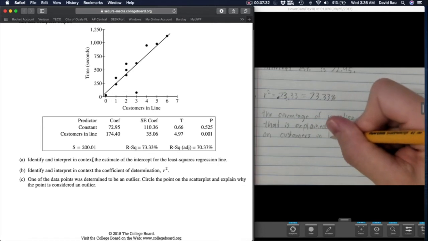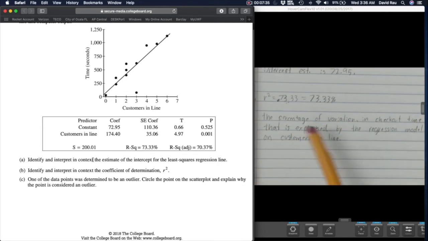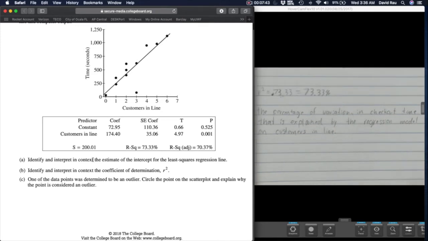All right, and I believe another way that you could write this is 73.33% of the variation in checkout time in the regression model can be explained by the customers in line.